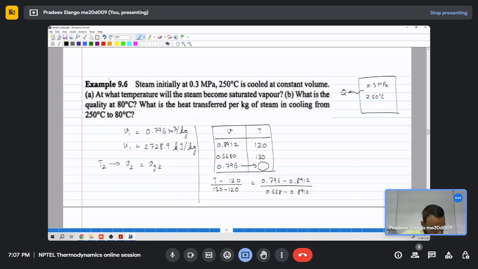So T is equal to 120 plus 10 times the difference, (0.796 minus 0.8912) divided by (0.668 minus 0.8912). So this is 124.26 degrees Celsius.